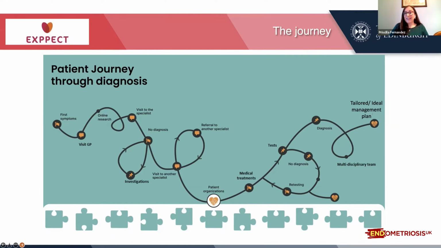Your GP may say, well, we'll try possibly giving you some hormones because you're in a stage in your life where you can take them, and you might feel you're in the right frame of mind for that. And then it could be that in actual fact you get referred to a gynecologist in the hospital, and then more tests are carried out.